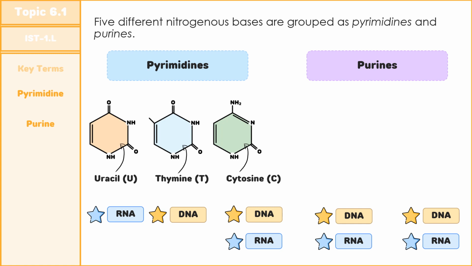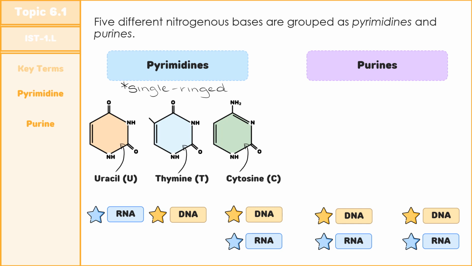And then it's a little bit of extra memorization to know that thymine gets swapped out for uracil. You'll notice if you look at all of these pyrimidines that all of these are single ringed in their structure. And that is what differentiates these nitrogenous bases from our purines.